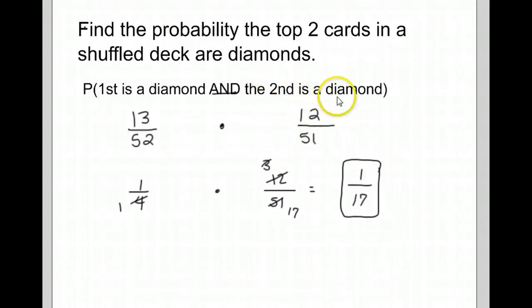Instead of saying it's the probability the second card is a diamond, period, it's the probability the second card is a diamond given that the first card was a diamond.